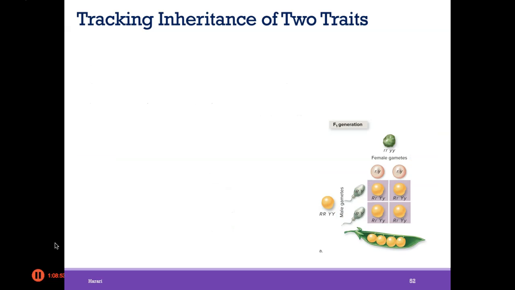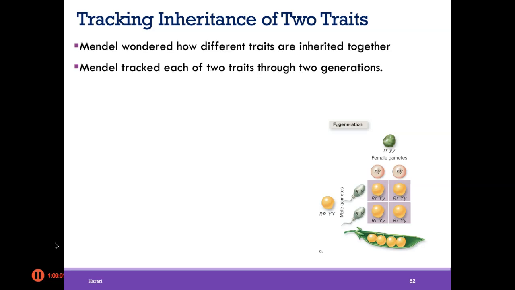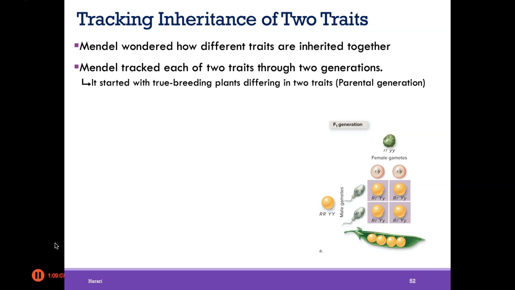So up until now, we've been looking at one trait at a time, but it's also possible to track the inheritance of two traits. So Mendel wondered how different traits are inherited together. So he tracked each of two traits through different generations. He started with the parental generation that were both true breeding, but they differed in two separate traits.